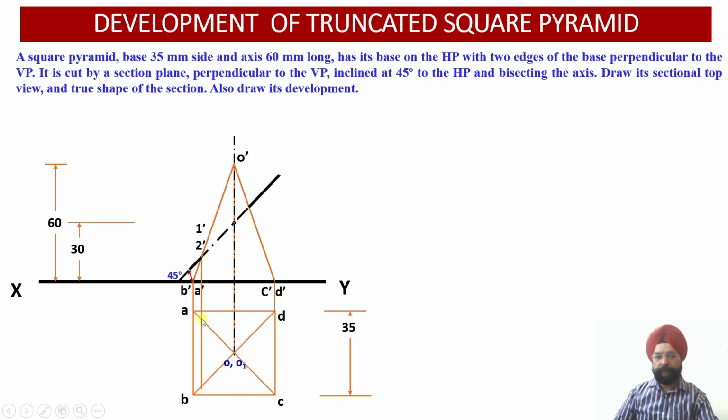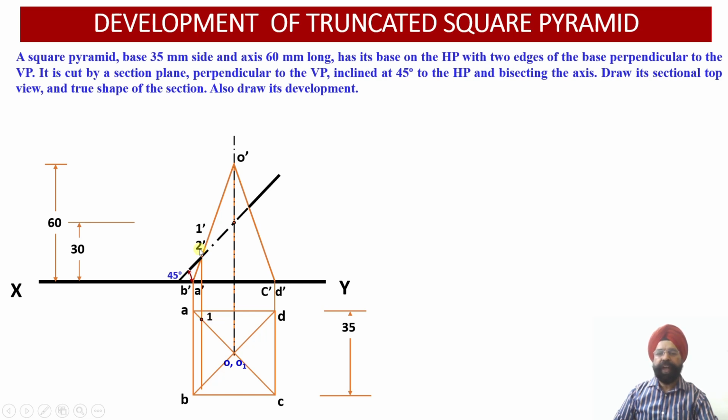Wherever this perpendicular intersects with the top view of the slant generator OA, I obtain point number 1. So point 1 dash lies on the slant generator O dash A dash in the front view. You drop a perpendicular projection from 1 dash, and wherever it intersects with the top view corresponding to the slant generator OA, you get point 1.